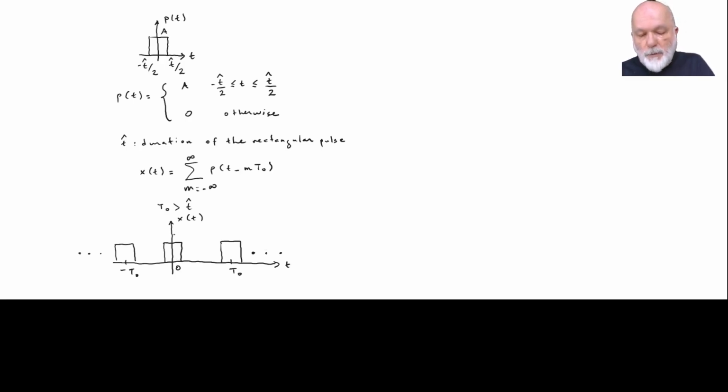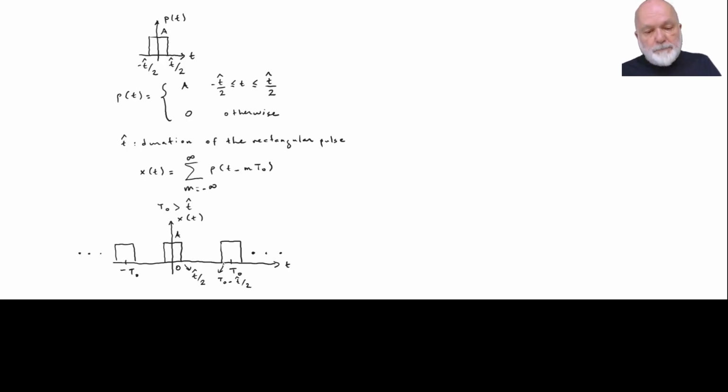So this is the 0 point, and this is a. Well, it is clear that this point here is t cap over 2. For example, this point here is t0 minus t cap over 2. So from this picture, it is clear that if t0 is greater than t cap, they will not overlap.